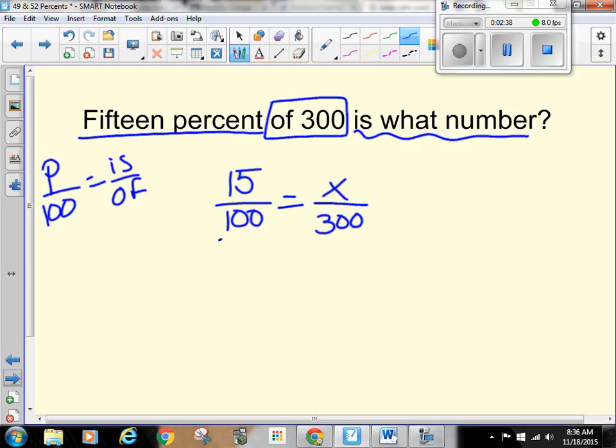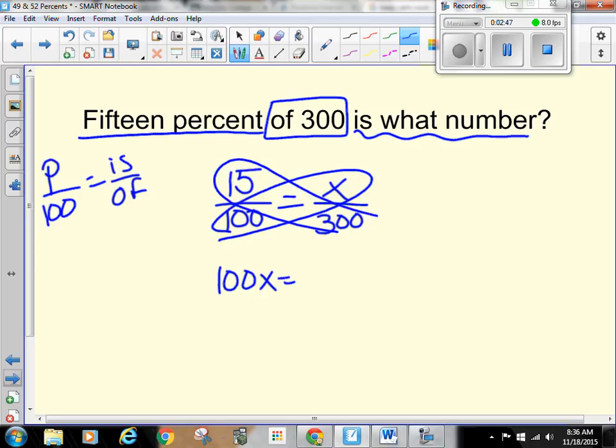So when you cross multiply, we take our 100 times our x, and then we take our 15 times our 300. Go ahead and punch that in on your calculator. 15 times 300 gives us 4,500. Okay, and then we're going to solve for x.